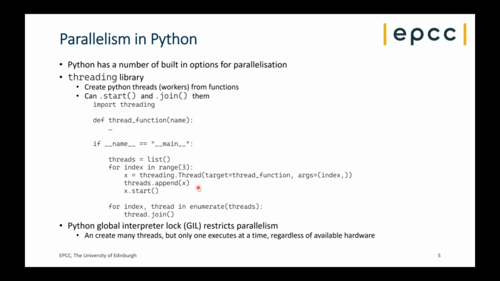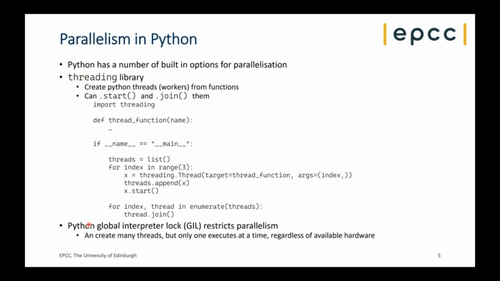Python has a built-in threading library where you import the threading library and then you can create threads. You can start and join them, so you can create a worker here, then do some work, and then wait for that worker to finish at the end. So functionally, Python lets you do that.